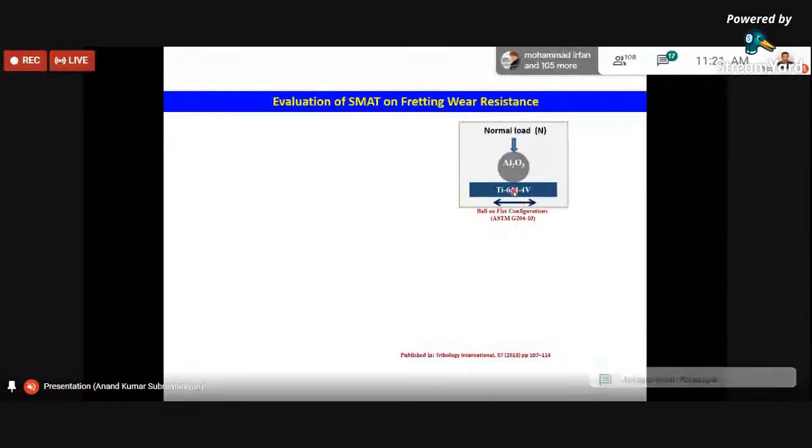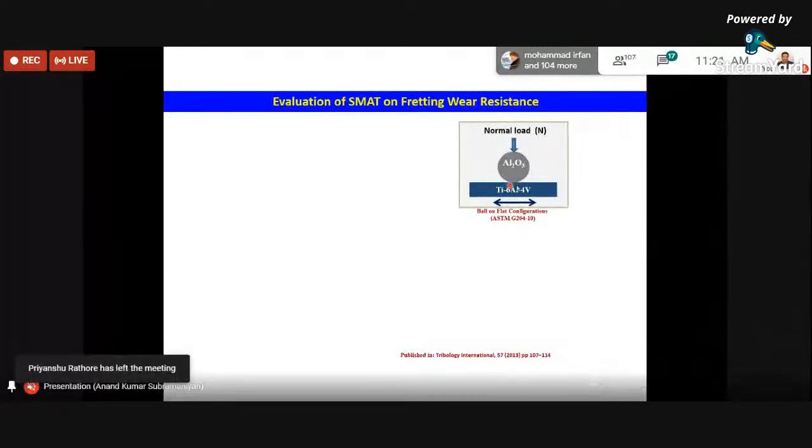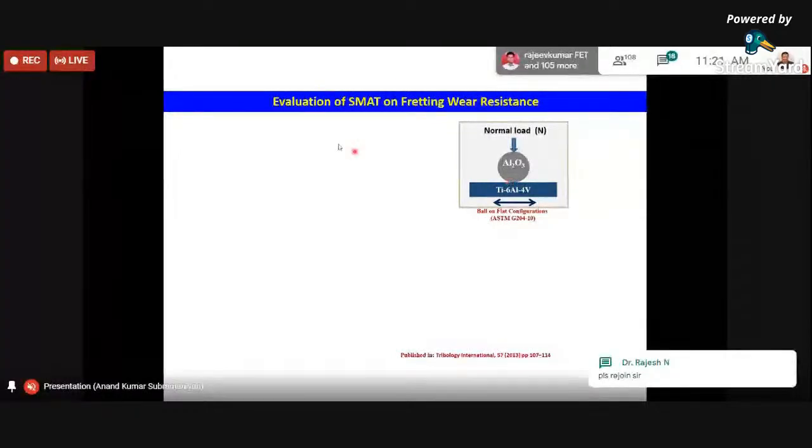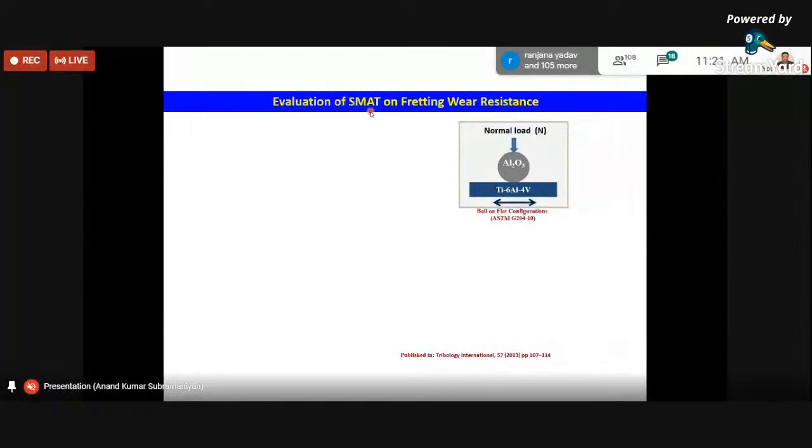So due to this you expect the material to wear out, and then eventually you try to measure the wear loss, and then comment on whether the SMAT treated process is having a beneficial effect in improving the wear performance of this material or not, right?